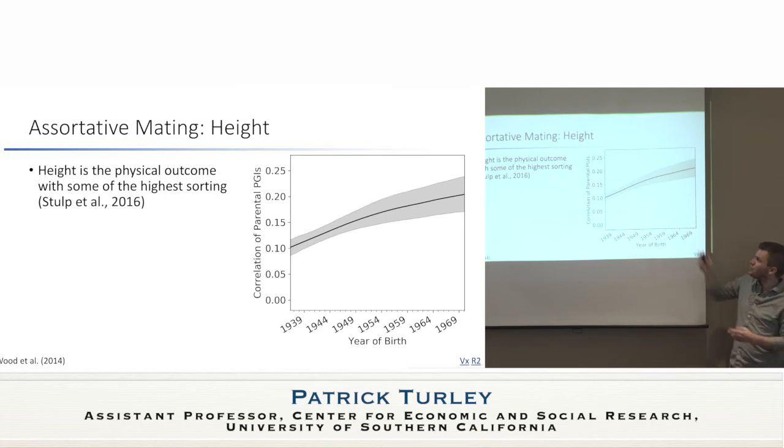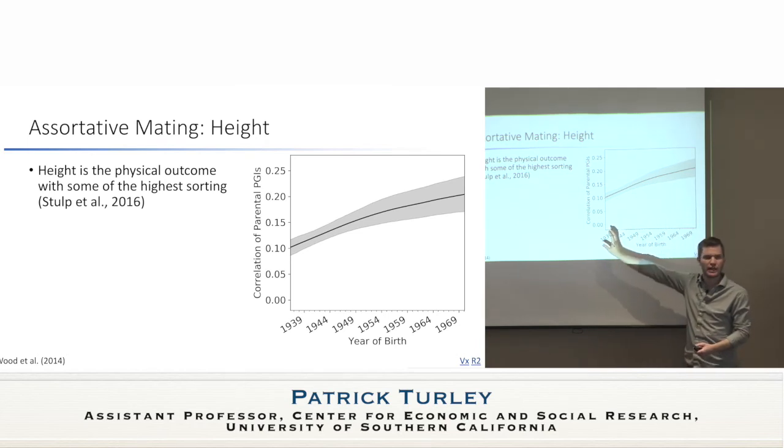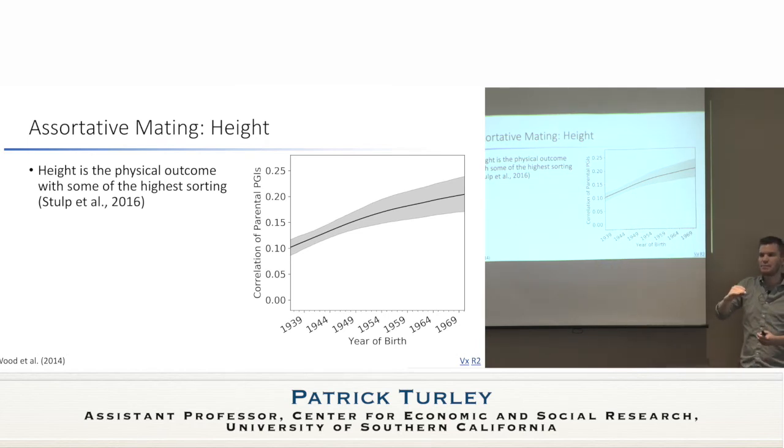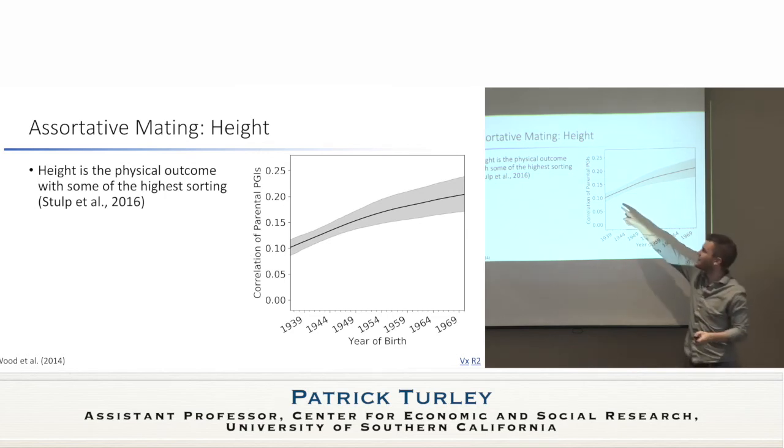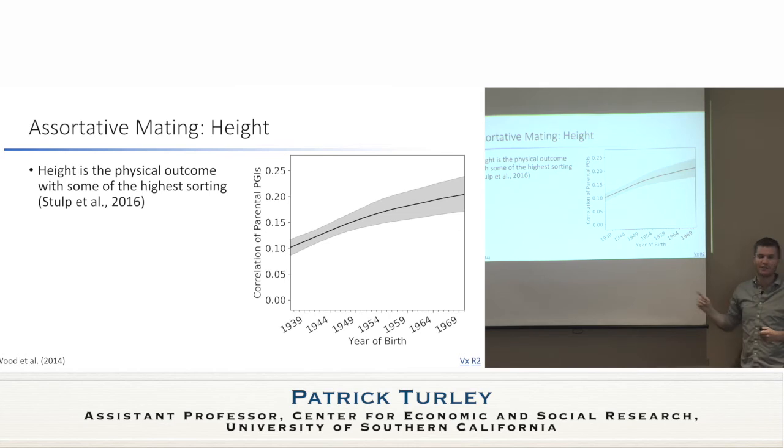But this is an important point: if the PGI was much more predictive in this cohort for height than in this cohort, even if people were sorting the same amount, so the correlation of phenotypic height were the same over time, what you would see is that the correlation of the PGI for height would be increasing. So that could explain this increase in slope. But when we actually test whether the predictive power of the height PGI has changed in this sample, we don't see that. It's pretty stable.